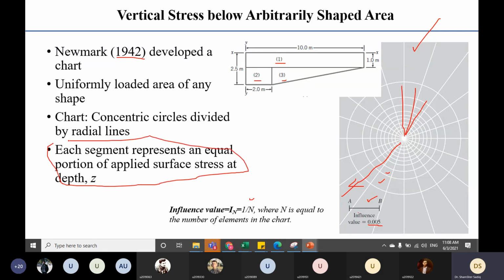So I hope that you are clear why there is a need for the Newmark chart method. Our structure, or any geotechnical structure, can be of any shape other than rectangle, triangle or circle. So if it is an arbitrarily loaded shape, then you cannot use those methods. So you have to use this Newmark chart method. The Newmark chart method has one influence value which is always given on the chart.